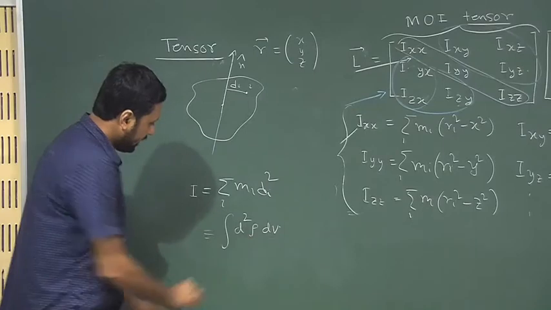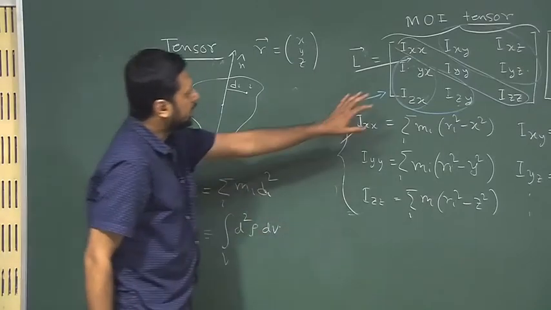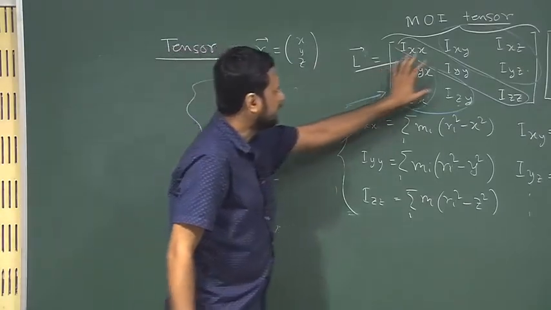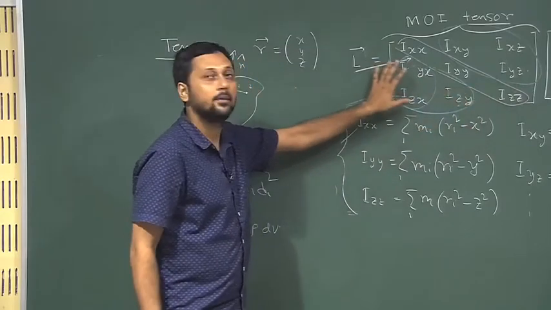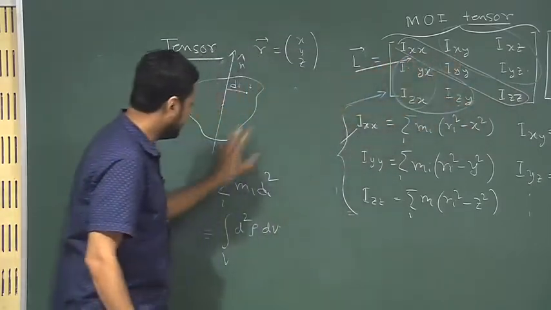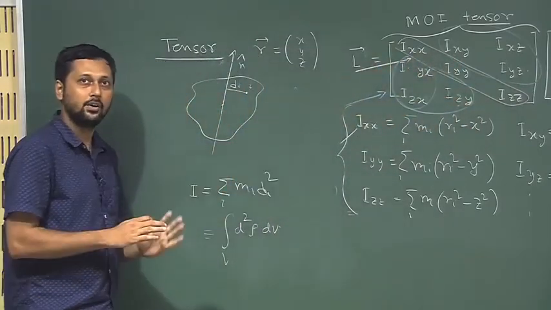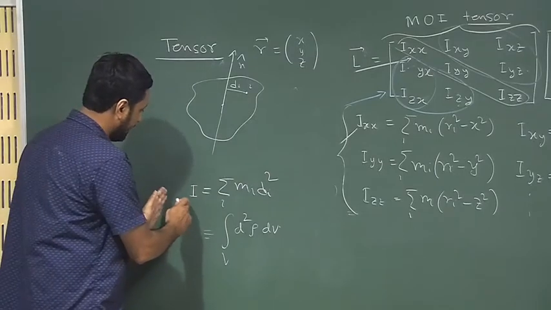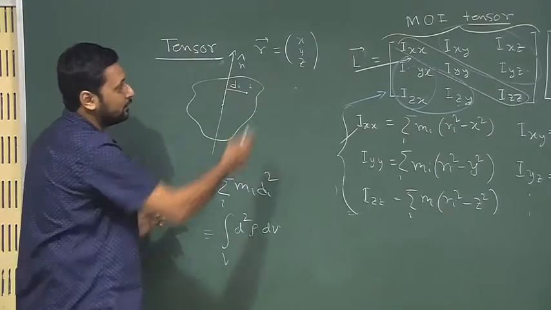So this is what we have learned, and now we are getting moment of inertia in terms of this complicated 3-dimensional matrix. How do we correlate these two? Is there a way to correlate this definition with that definition?